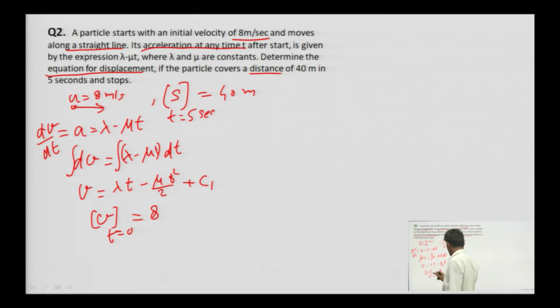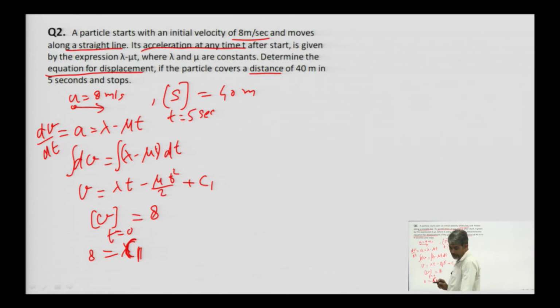So, what is that? Equate it: 8 is equal to lambda is equal to 0. So, the value of c 1 is 8. Okay.